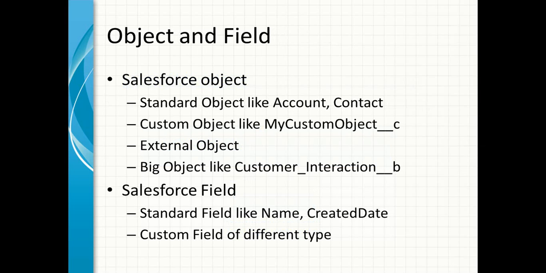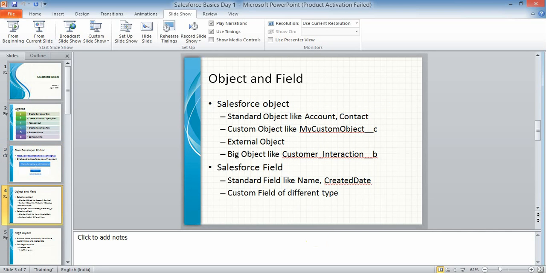So there are different types of objects in Salesforce like standard object, custom object, big object, external object. Whenever you get a developer edition or any org, any edition, you are able to see some common objects in all of the orgs like account, contact, case, opportunity. Those are nothing but standard objects.